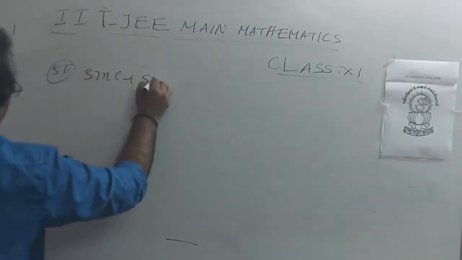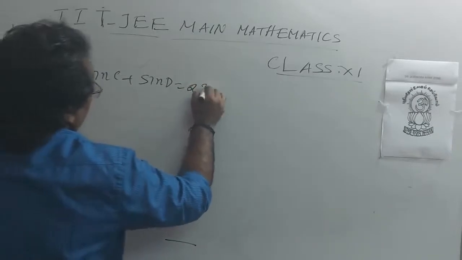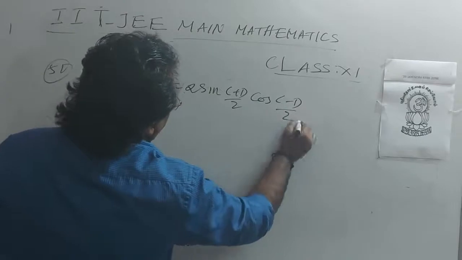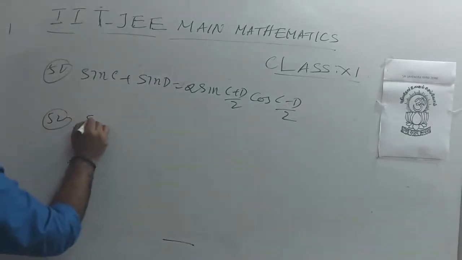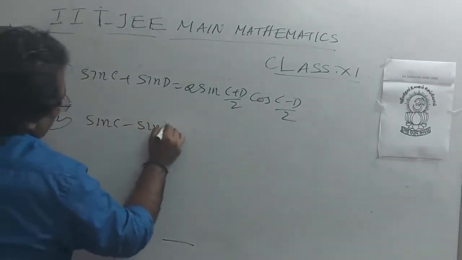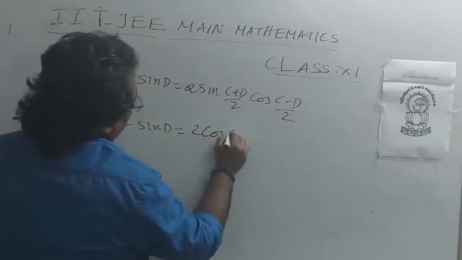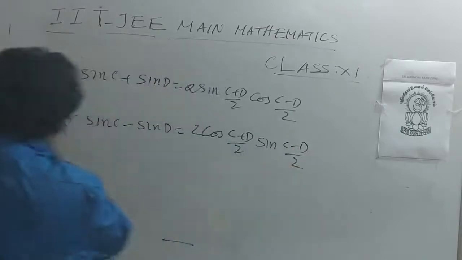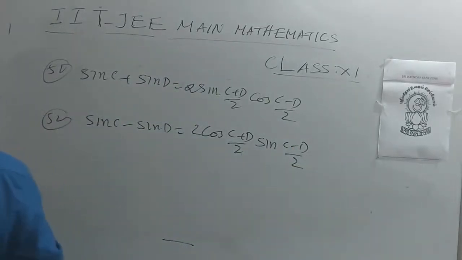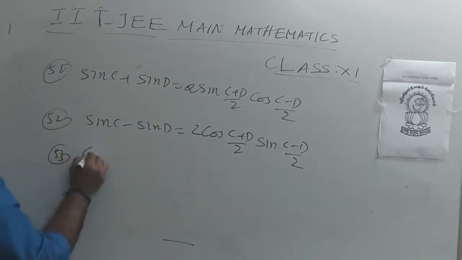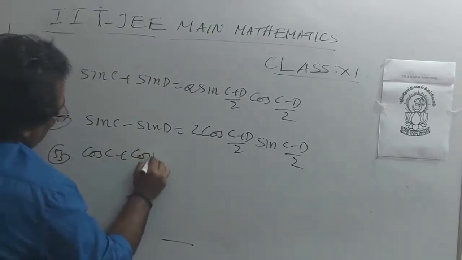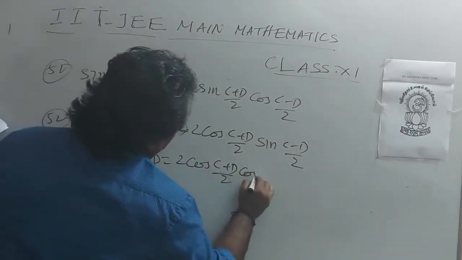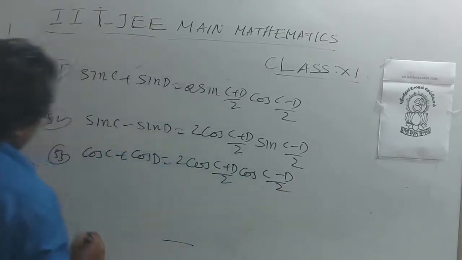Sin C plus sin D, 2 sin C plus D by 2 cos C minus D by 2. Sin C minus sin D, 2 cos C plus D by 2 sin C minus D by 2. Cos C plus cos D, 2 cos C plus D by 2 cos C minus D by 2.